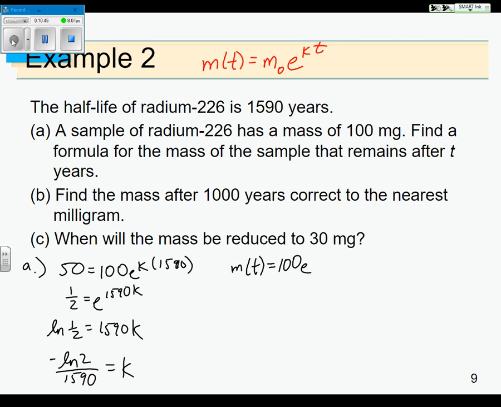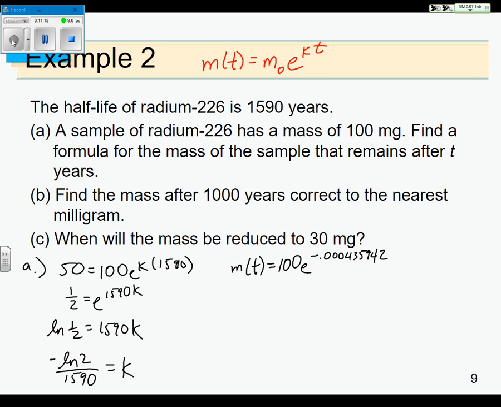We got negative natural log of 2 divided by 1,590, it's going to be a really small number. So I got like negative 0.00043594. Is that enough? It's a pretty good number of decimals. Maybe a 2 on the end. Got six figs there.